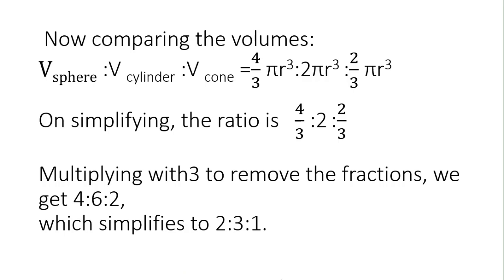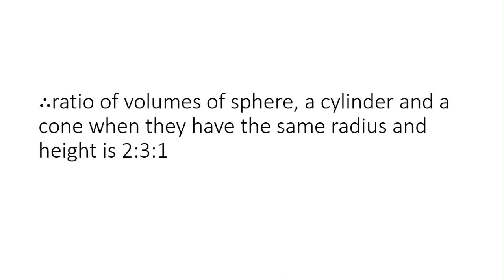But when we consider the sphere, cylinder, cone in that order, the ratio of their volumes is nothing but 2 is to 3 is to 1. The ratio of the volumes of a sphere, a cylinder, and a cone, when they have the same radius and height, is 2 is to 3 is to 1.